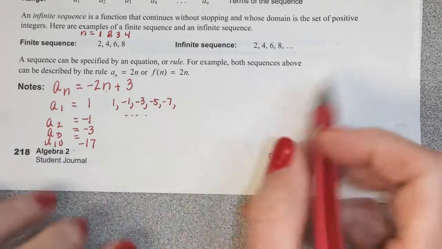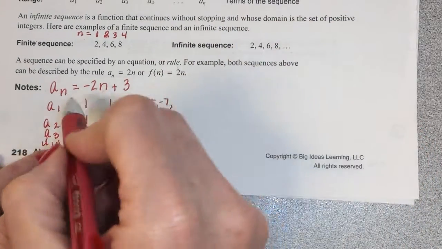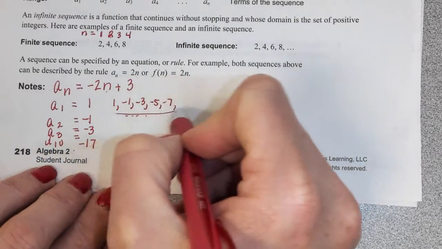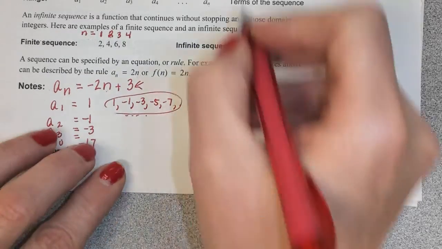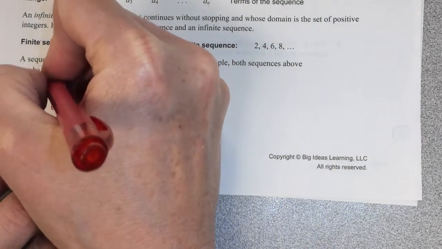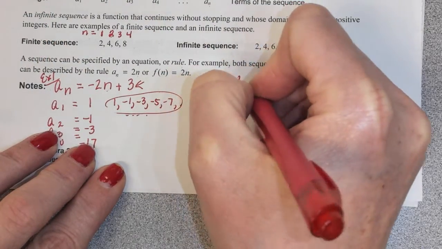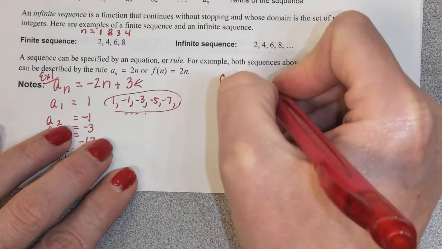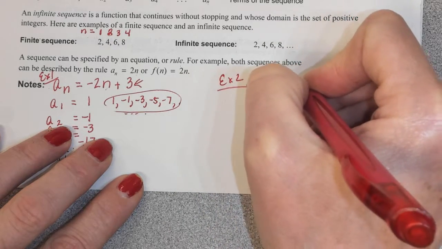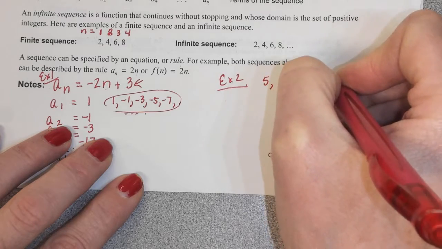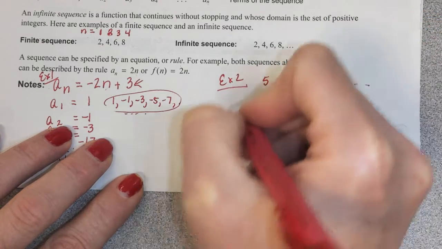Okay? So now I'm going to give you guys a pattern, and I want you guys to try to, from the pattern, come up with this rule right here. So here's your second example. That was number 1. This is number 2. The pattern's going to go 5, 2, negative 1, negative 4, dot, dot, dot.